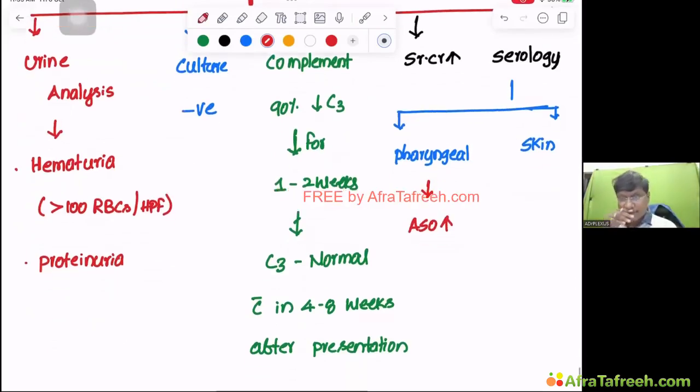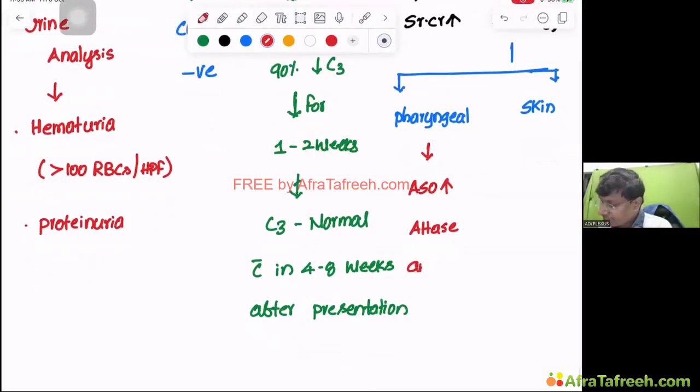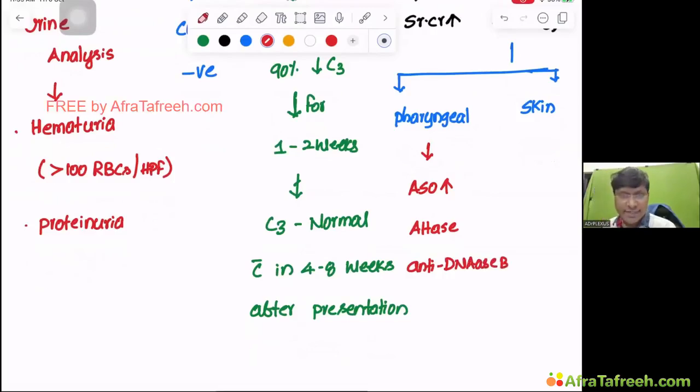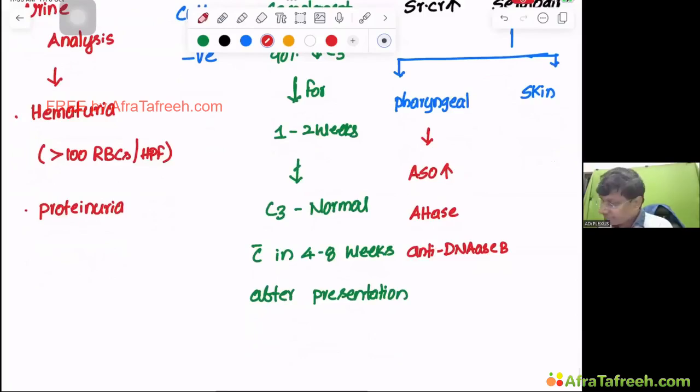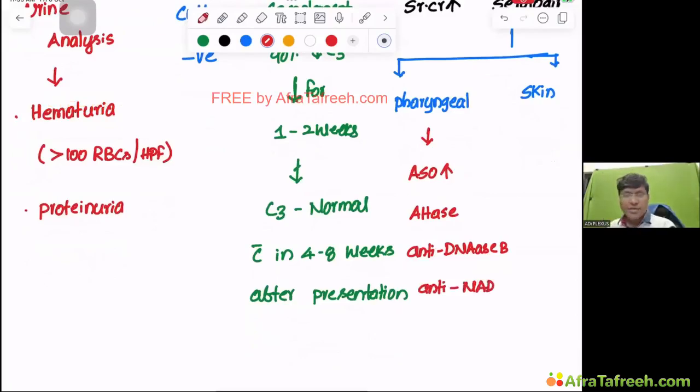That is very important. Then the other antibodies include anti-hyaluronidase, right? Then anti-DNase B levels are elevated. Then anti-NAD. Okay, so these are the antibodies that are elevated in pharyngeal infection.